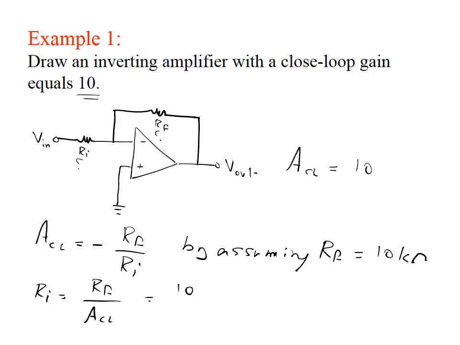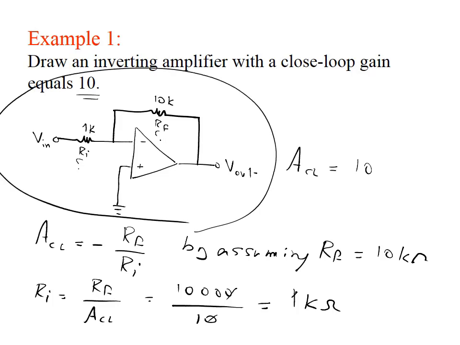So that is 10,000 over 10. So we will have Ri equal to 1 kilo ohm. So go back to the circuit. So I will have this 10K and here 1K. So that will be the answer to the question.